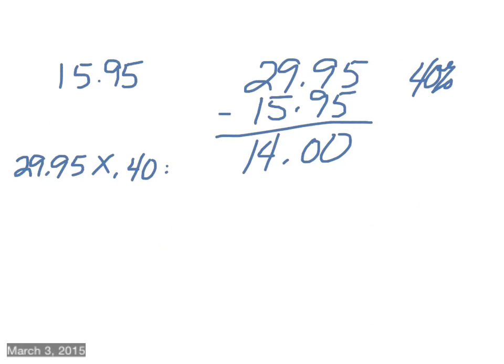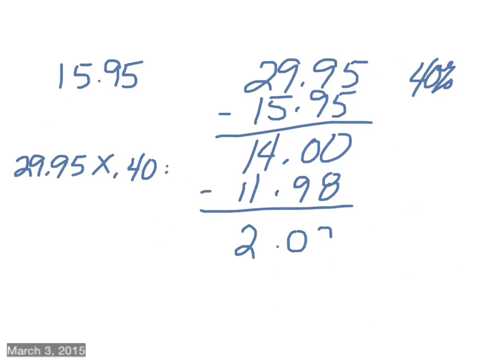Anybody tell me what that number is? Can you multiply it? 11.98. Thank you very much, Drew. Now I'm going to take that 11.98 that Drew told us and subtract it out of the 14.